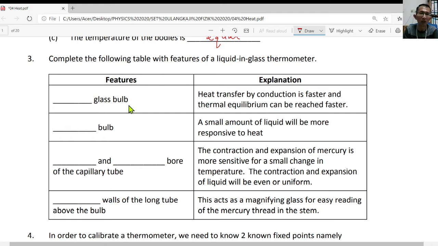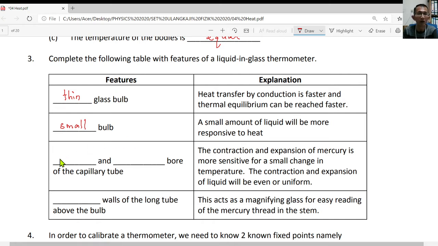The glass bulb must be thin. Next, the bulb itself must be small, so that it only holds a very small amount of liquid, and we know that a small amount of liquid is more responsive to heat.